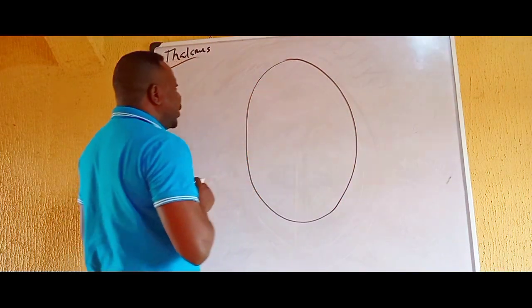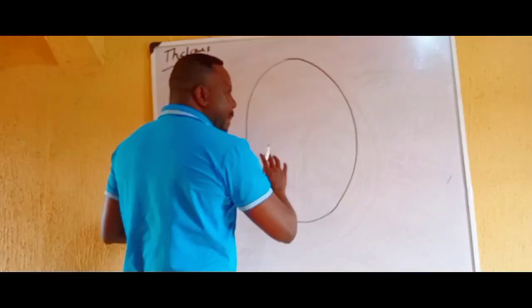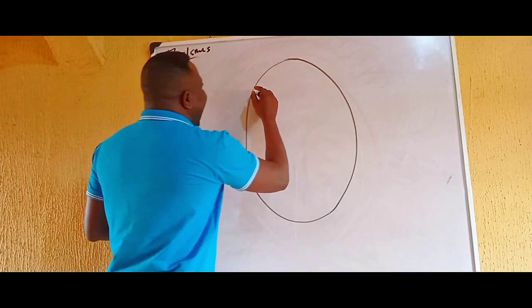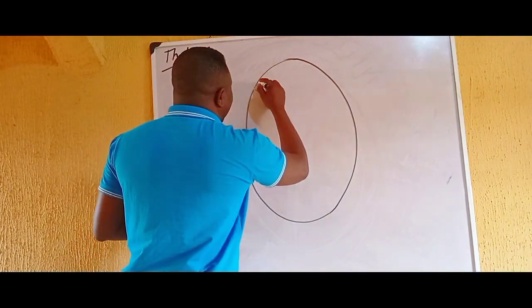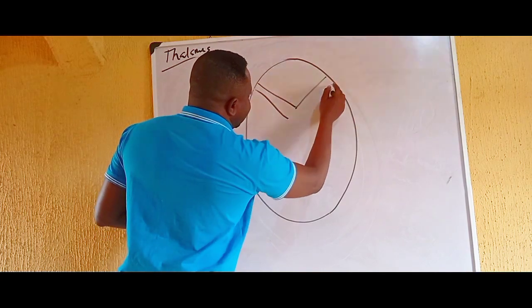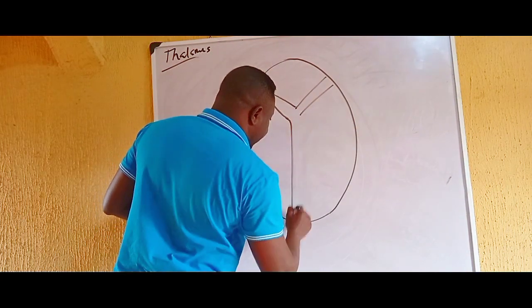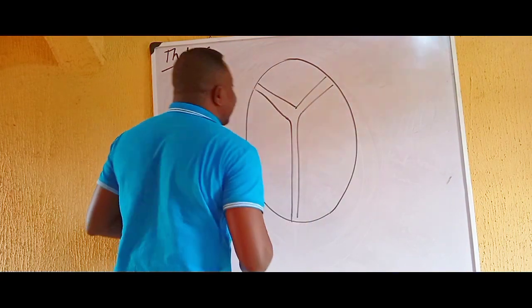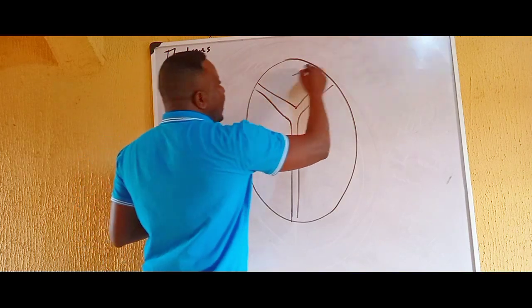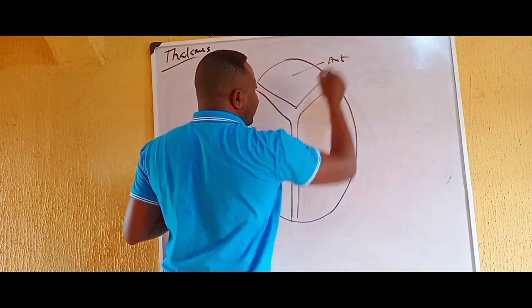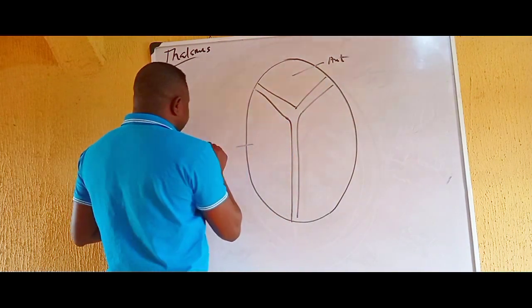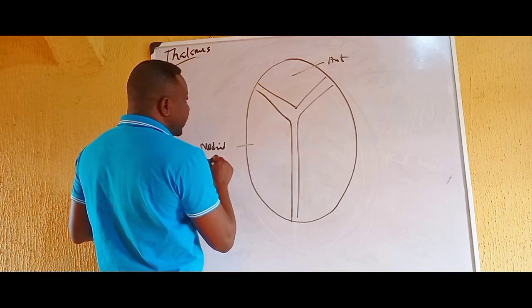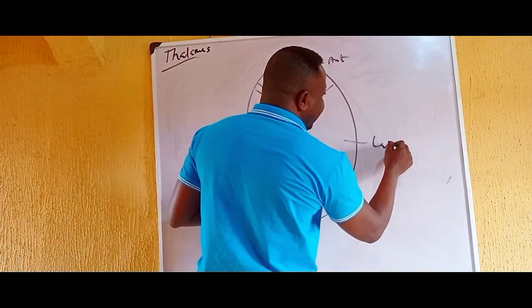Now, like I said earlier on, the thalamus is actually a mass of gray matter that has a white matter structure that divides the thalamus into three parts. We have the anterior part, the medial part, and then the lateral part.